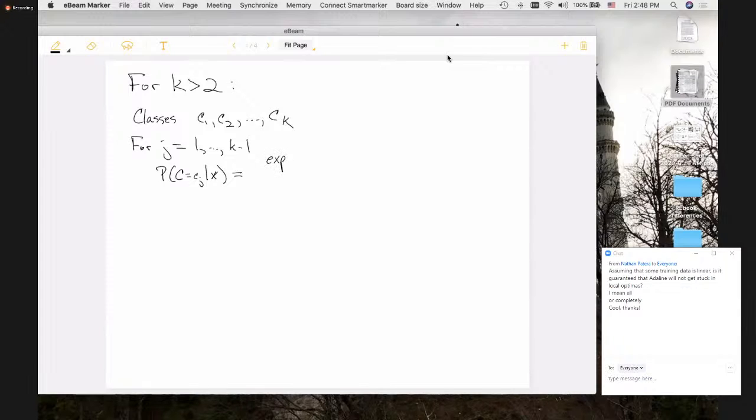It's the exponential of that linear function divided by 1 plus the exponential.